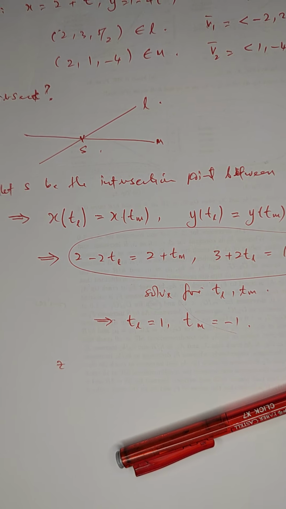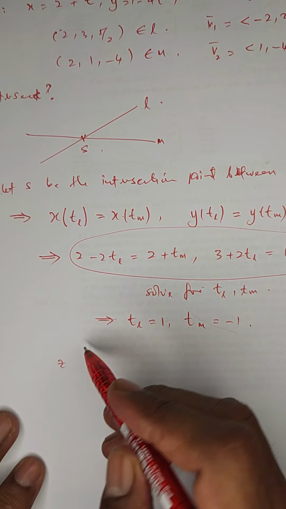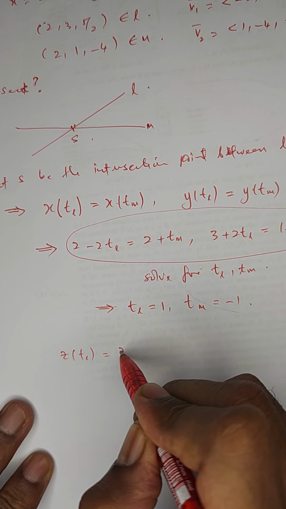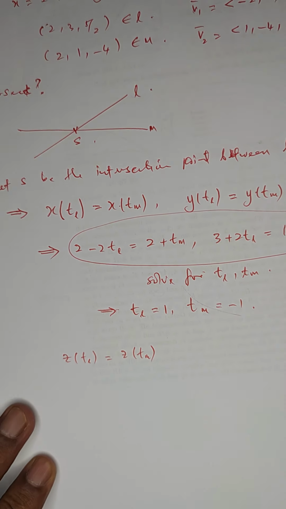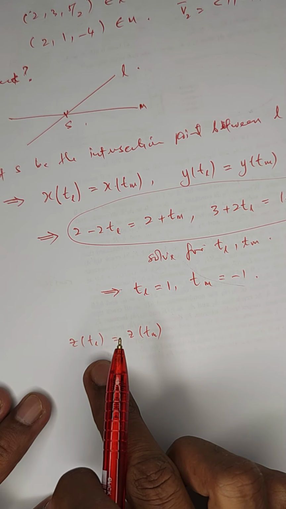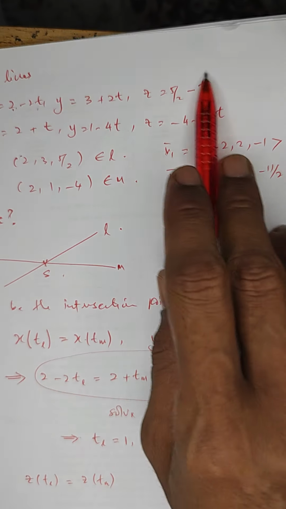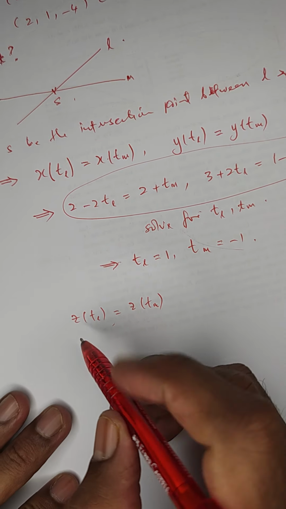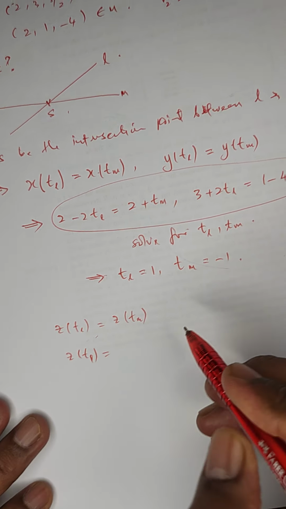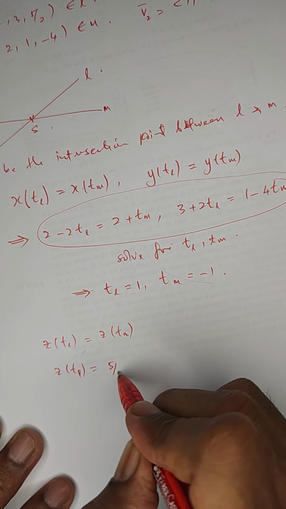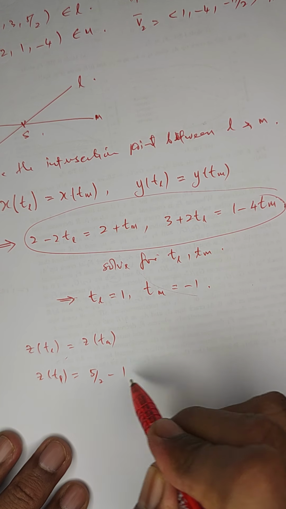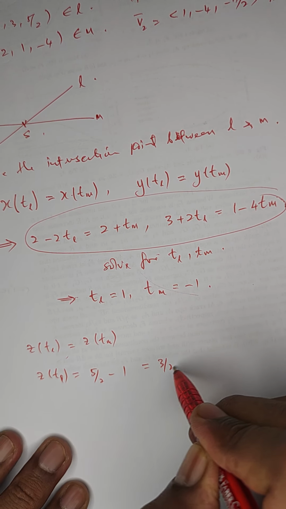Okay, so we also have Z at TL must equal Z at TM. So from here, Z at TL gives you 5/2 minus, our TL is 1, minus 1, so that gives you 3/2.